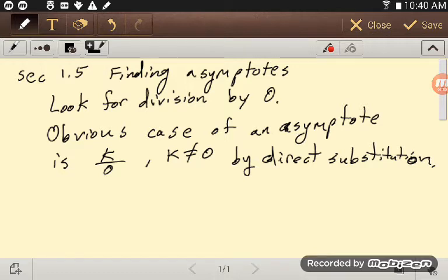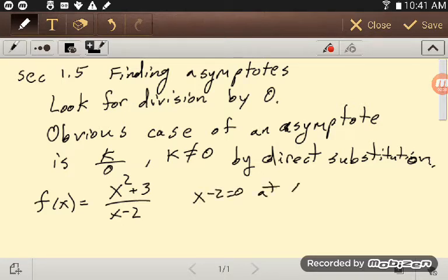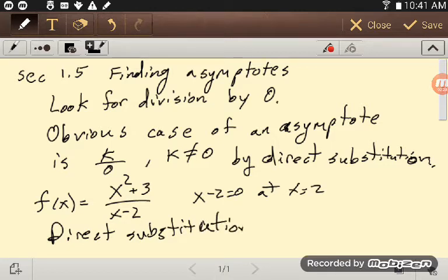And so if I just have your basic rational function, and I had something like x squared plus 3 over x minus 2, then we see that x minus 2 equals 0 at x equals 2, and direct substitution gives 7 over 0.